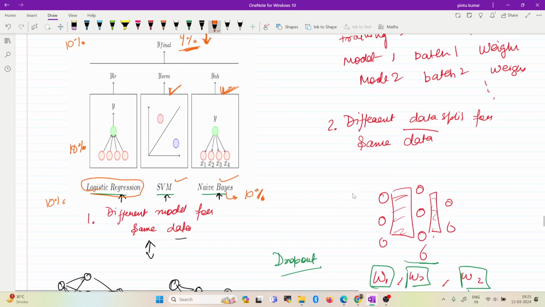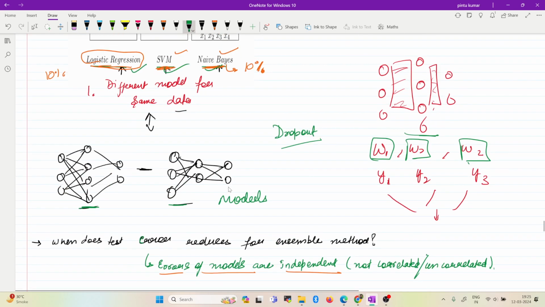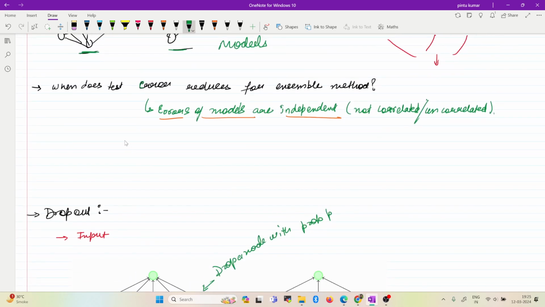That means the points at which logistic regression is making error are independent of the points at which the other two methods are making error. Otherwise, if the errors were correlated, with logistic regression, SVM and naive Bayes making errors at exactly the same points, I wouldn't have reduced my overall test error. So this is one question. I think this is related to your assignment.